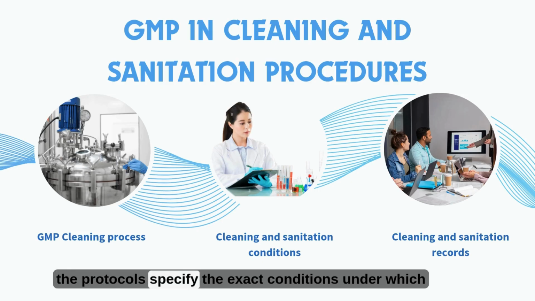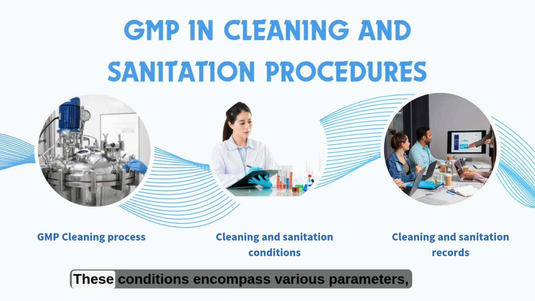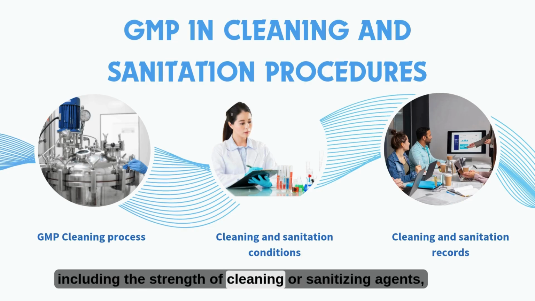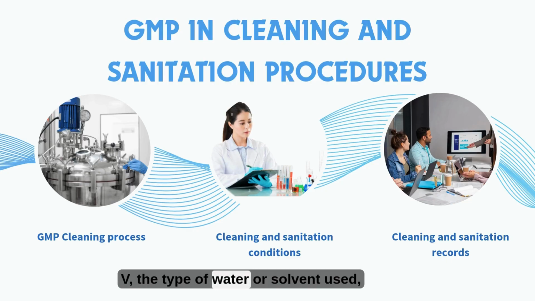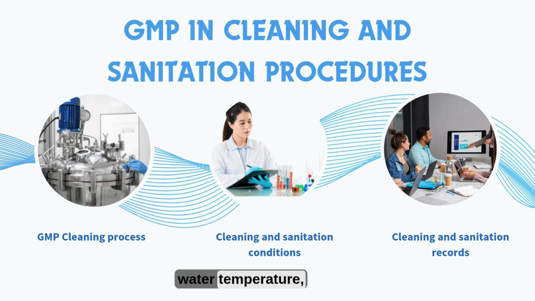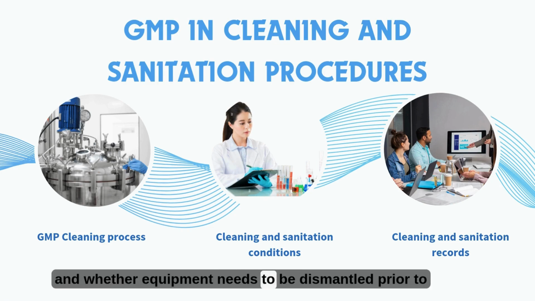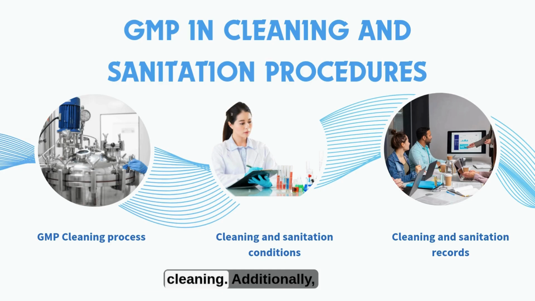Third, the protocols specify the exact conditions under which cleaning and sanitation should occur to achieve optimal results. These conditions encompass various parameters, including the strength of cleaning or sanitizing agents, e.g., 2.0% V/V, the type of water or solvent used, the pH of the cleaning solution, water temperature, and whether equipment needs to be dismantled prior to cleaning.